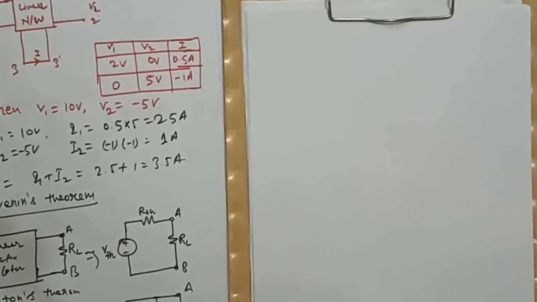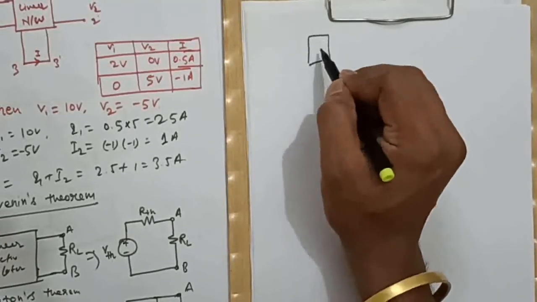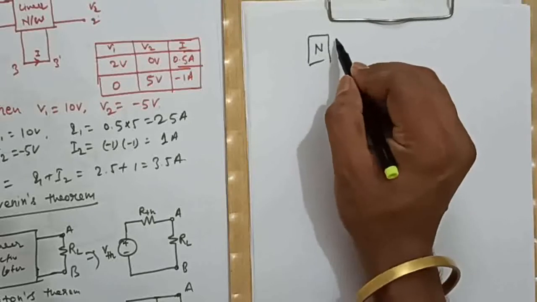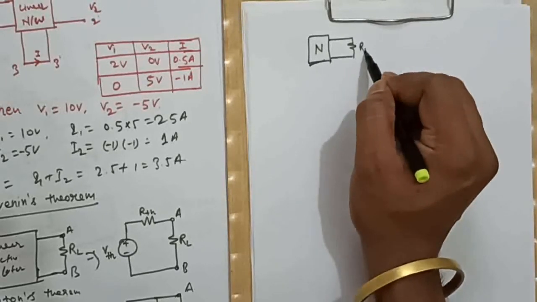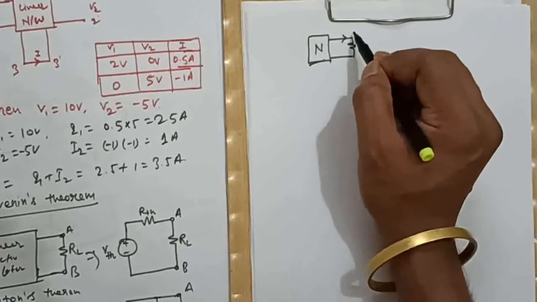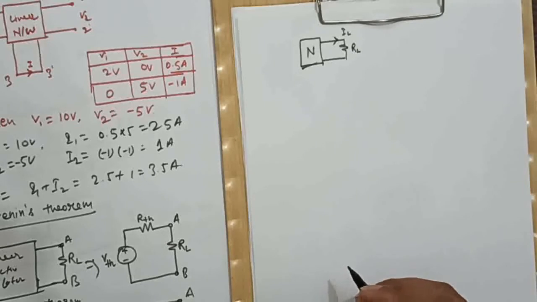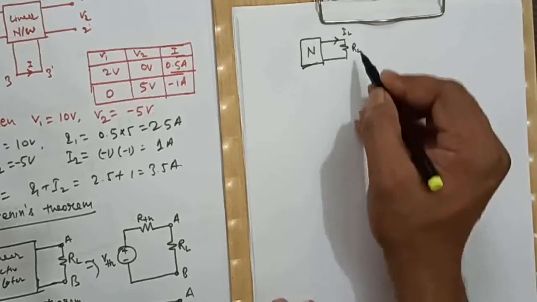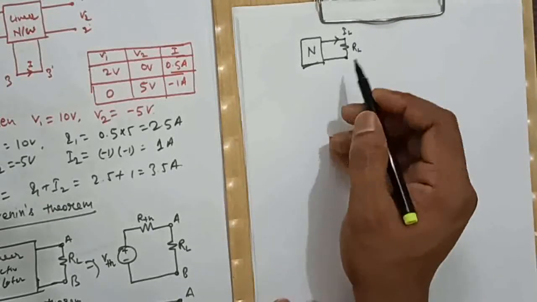Now what will be the procedure for this? Let's consider this is a network, this is a resistor RL, and the task is to find IL, that is the current through this load resistance. So to apply Thevenin's theorem or Norton's theorem, what do we have to do first?